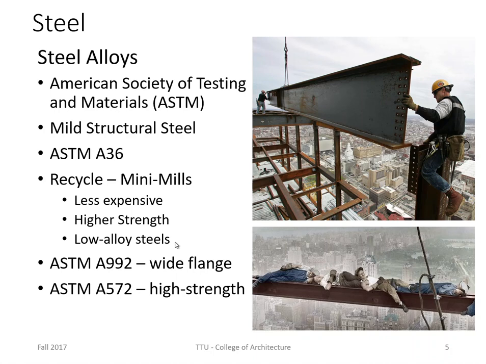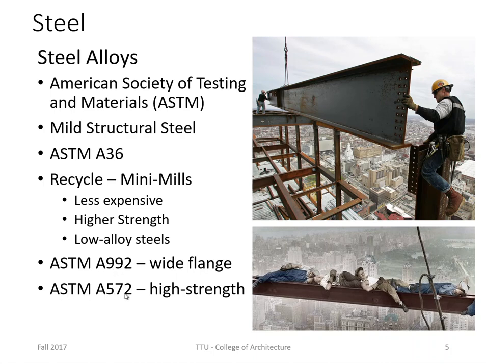In other words, it doesn't have a lot of extra additives to it. And then there's the one for wide flange, which is this beam right here, or girder right there. And they set the standard for that, which is ASTM A992.